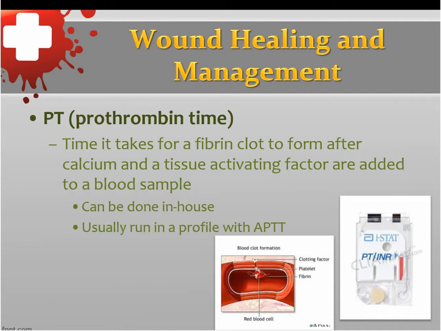This is one that can be done in-house. Sometimes it is combined in a profile with APTT, which can be sent off to a lab, or sometimes we have blood machines that have cartridges, like the one in the bottom right-hand picture, that have an APTT and a PT combined in the same test that you can run in-house in the veterinary clinic.